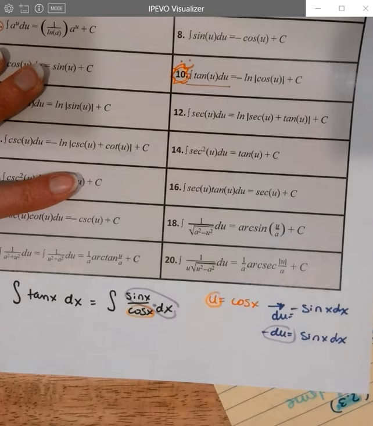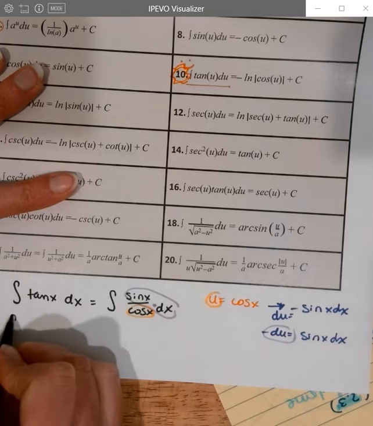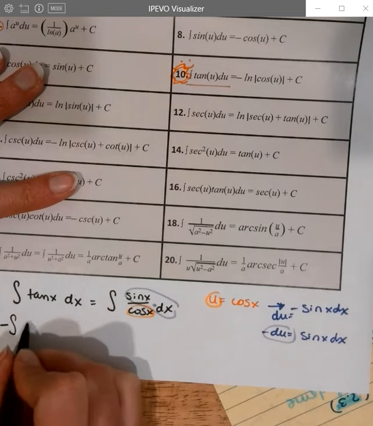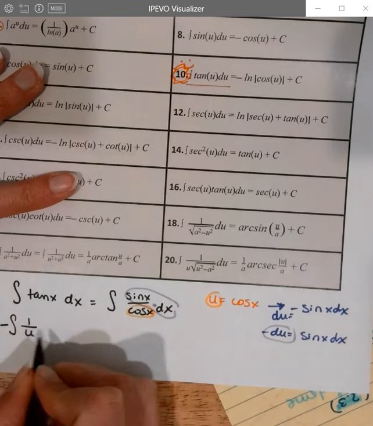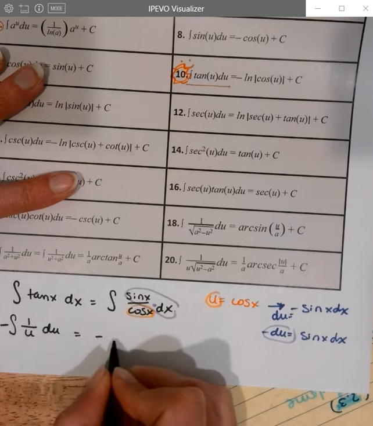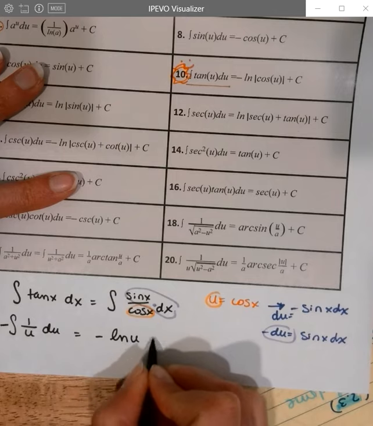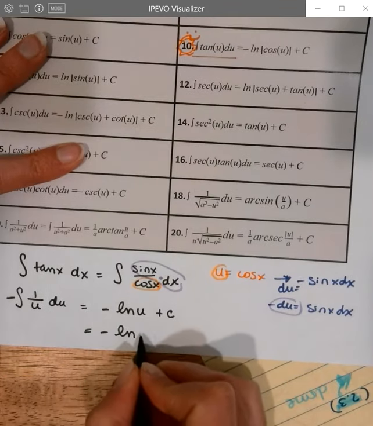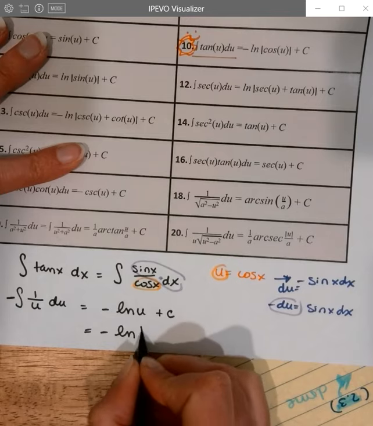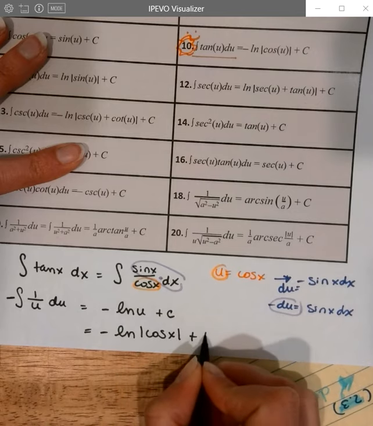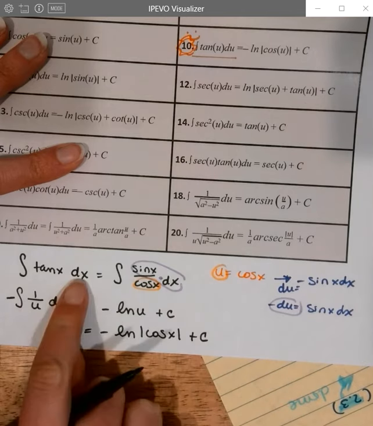So this turns into the integral of, put the negative from the negative du out front, 1 over u, that's our cosine, du. So that integrates into negative natural log of u plus c. And so when I sub that back in, that is why I have negative natural log of the cosine of x plus c.